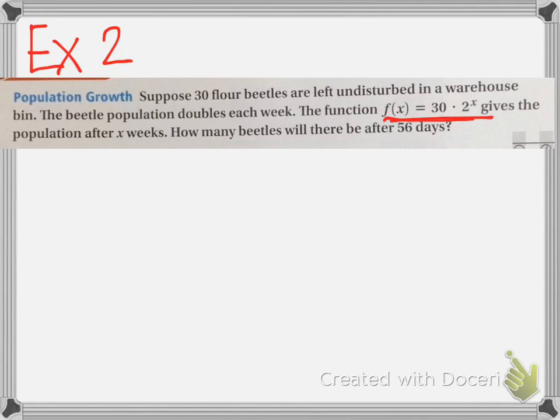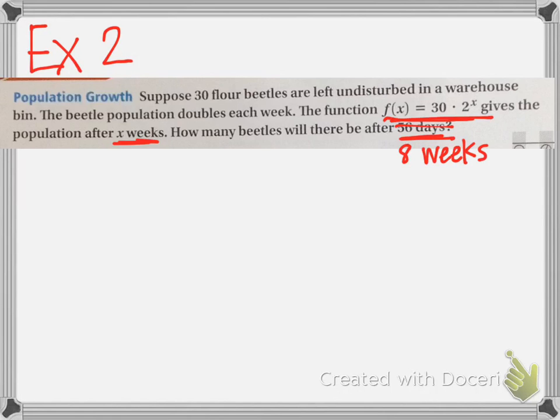How many beetles will there be after 56 days? And X is the number of weeks. Well, they give us this in days. So how many weeks is 56 days? So if you do 56 divided by 7, you'll get 8. So instead of 56 days, we're looking for 8 weeks.